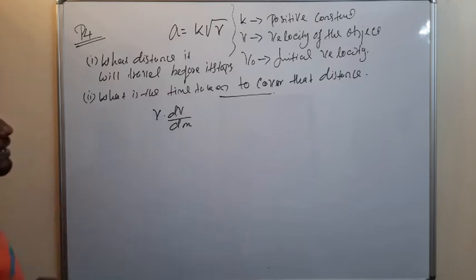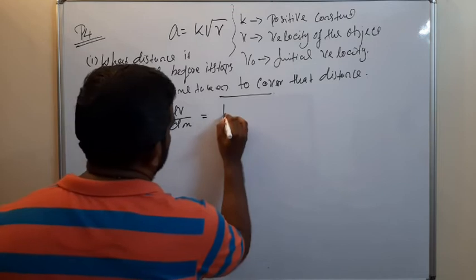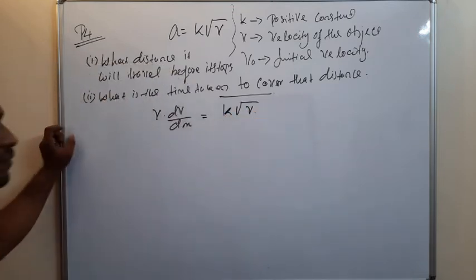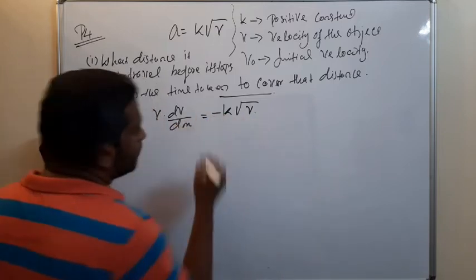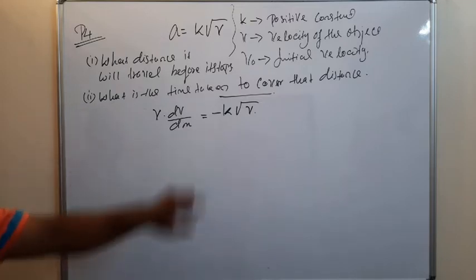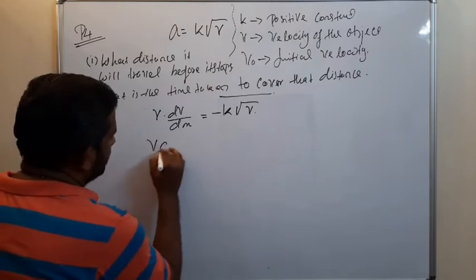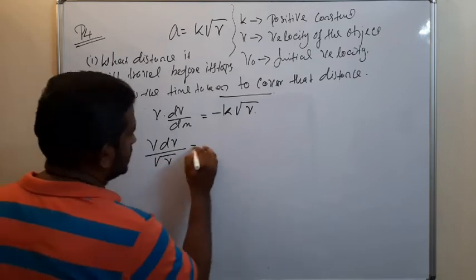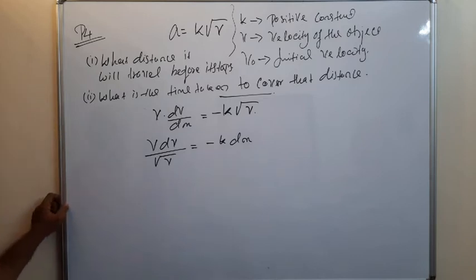So v into dv by dx is equal to k into root v. So this is acceleration, this is deceleration. So minus v into dv by dx is equal to minus k root v. So v dv by root v is equal to minus k into dx.